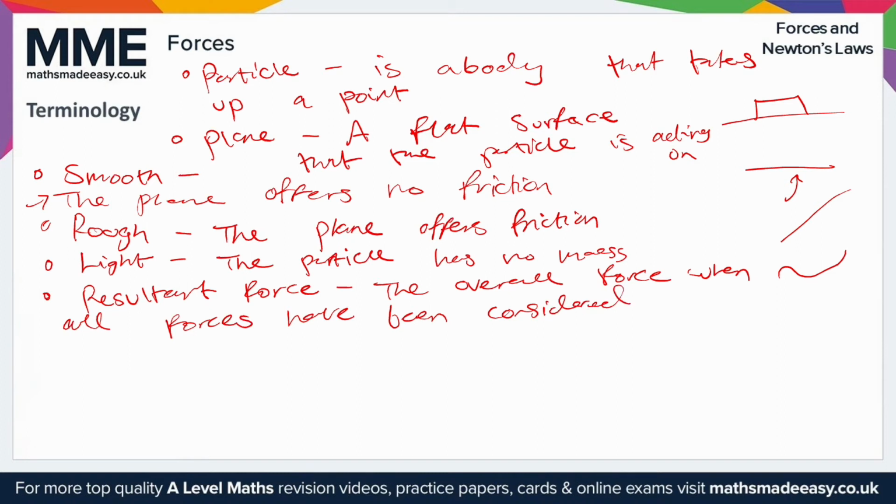Well, if we had a flat plane there, some particle, one force pulling it this way, one force pulling it that way, and we give them some magnitudes, so say 20 newtons that way and 10 newtons that way, well, the resultant force, because these are in opposite directions, would end up being 10 newtons in this direction. So all I've done there is 20 take away 10. So it's the resultant force when you consider all of the forces that are happening, what actually happens.